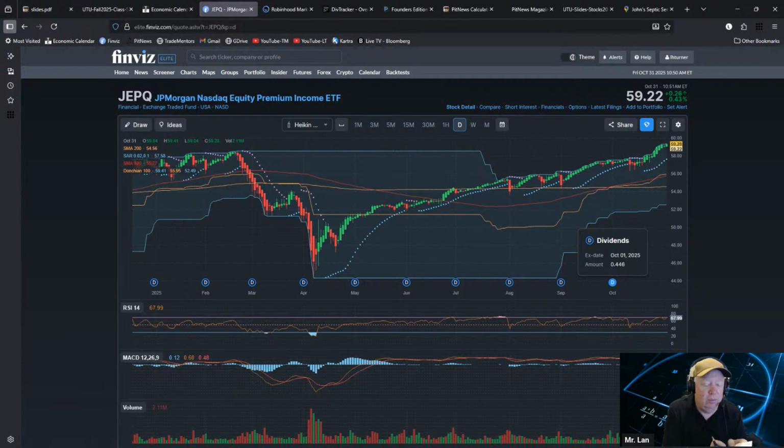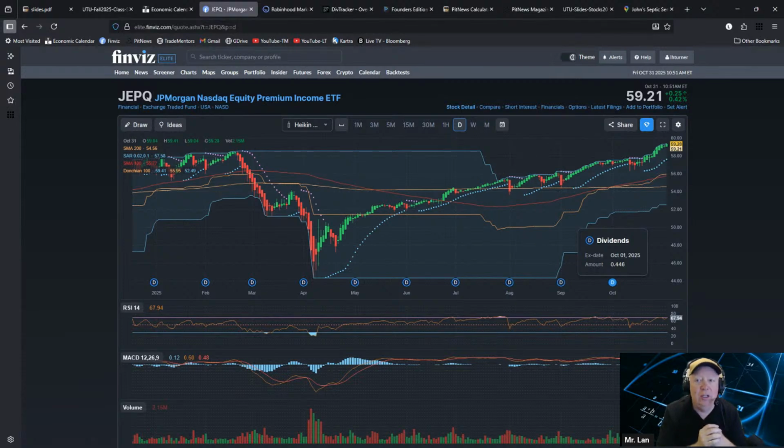So this is almost 3 times as much as you were getting in SCHD and SCHG. Now, you're also getting some growth. The SCHG grew much more than JEPQ. So you have to compare apples to apples and oranges to oranges, right? So it's still a little bit hard to do the math and see which one is exactly the best, but you're getting the idea that these guys that trade options are going to make a little bit more money. Plus they're still having a little bit of growth in there.